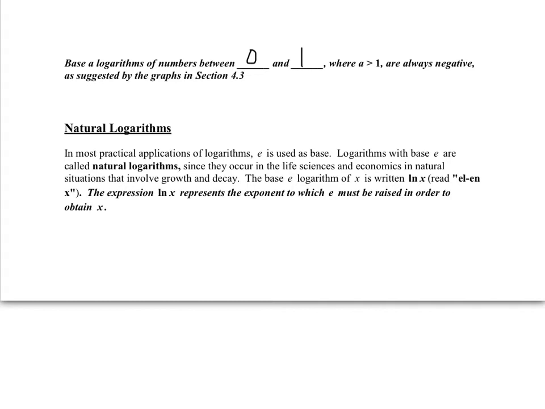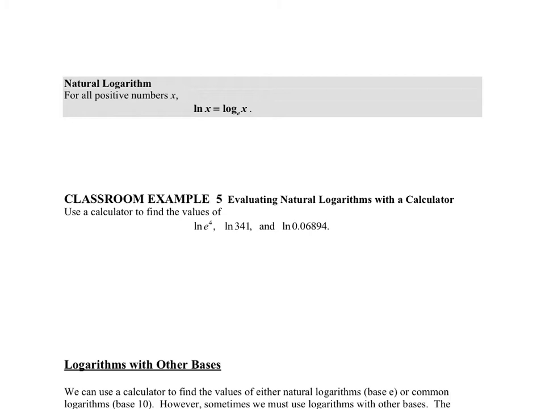So head to the next page. What we will see is that the natural log of x could be written as log base e of x, but that is a little less user-friendly to write it that way. So we will typically just put ln representing the natural log.